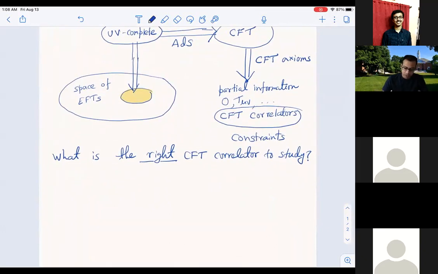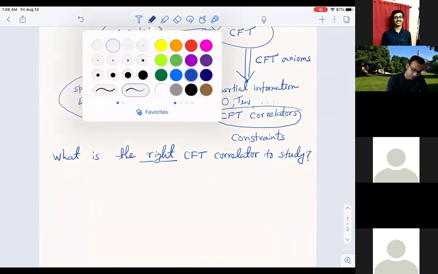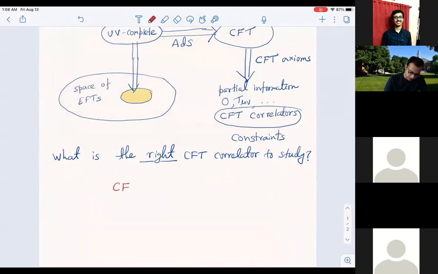Actually, we know the answer to this question, and there is an obvious answer, which is basically the CFT Regge correlator. The reason these are interesting correlators for our purpose is because we already know CFT Regge correlators obey certain interesting constraints, such as the chaos bound.